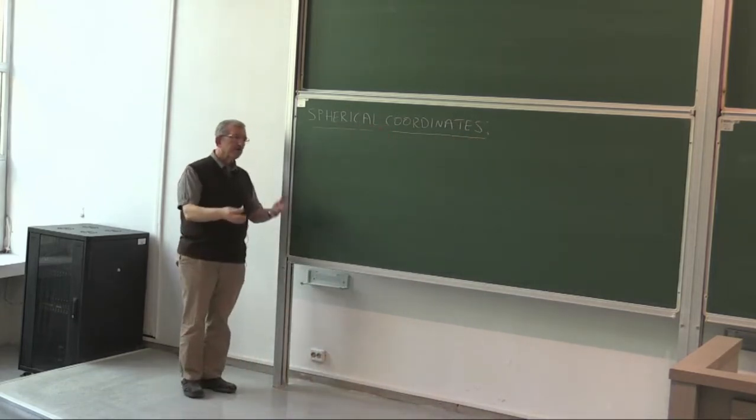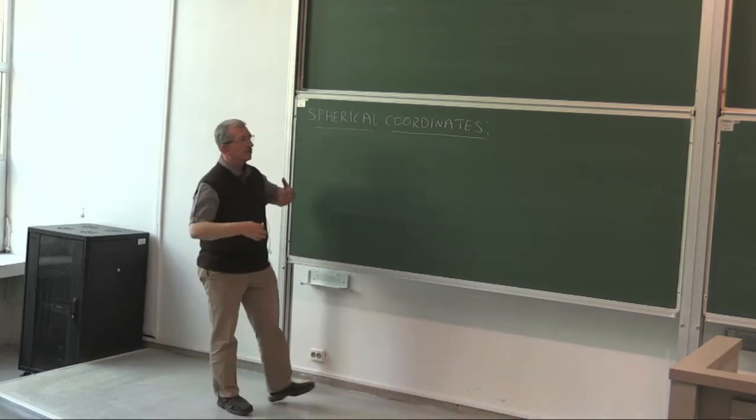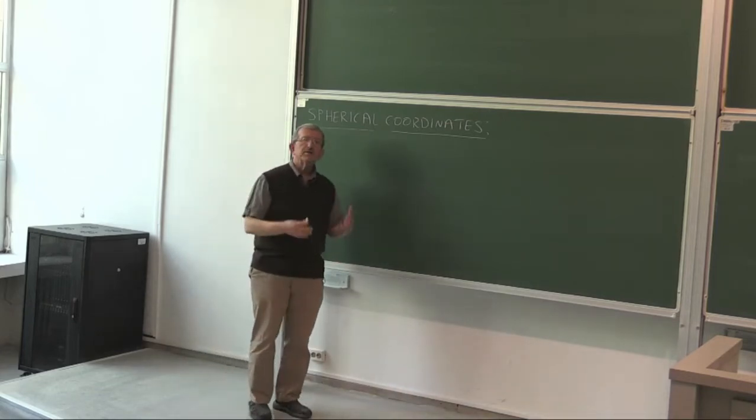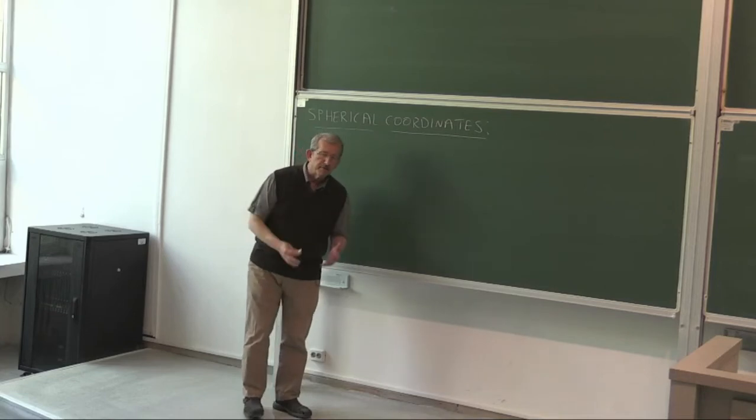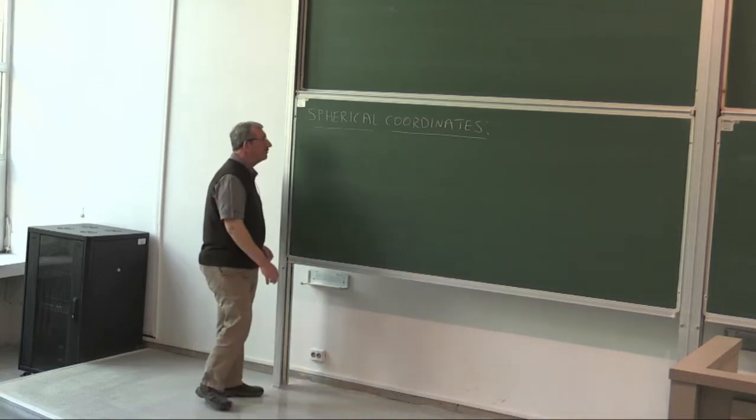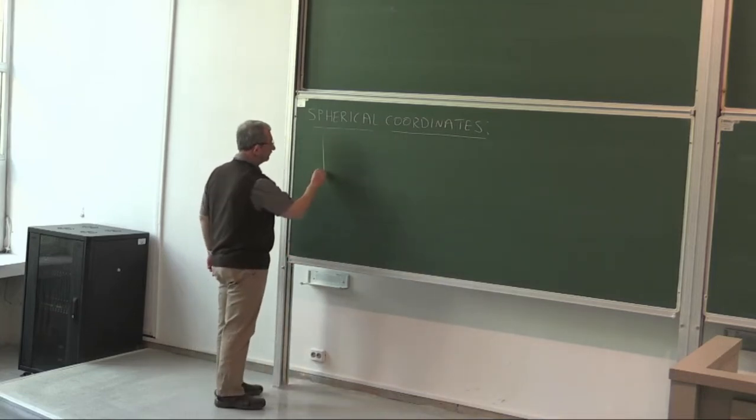Well, as in the cylindrical coordinate system or in the Cartesian system, in this system we have 3 variables. Now, these variables are the following ones.